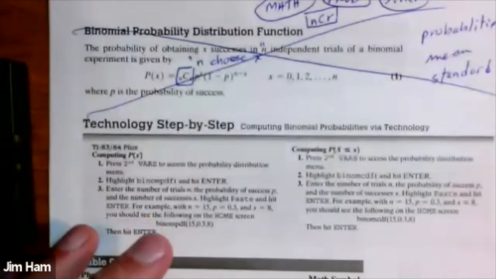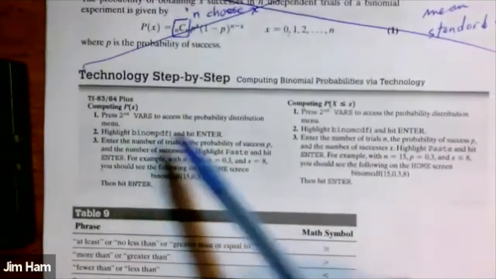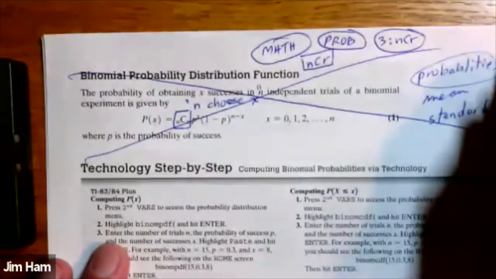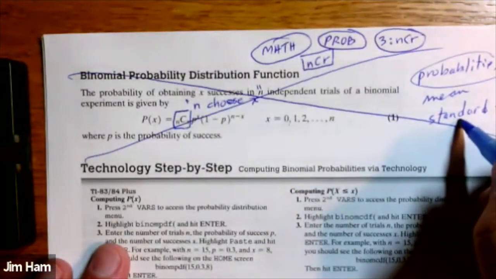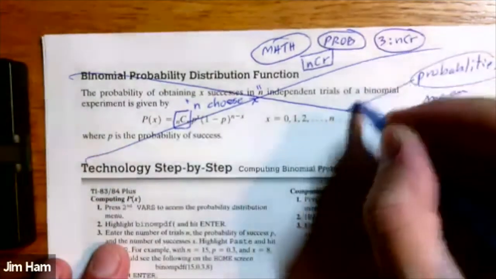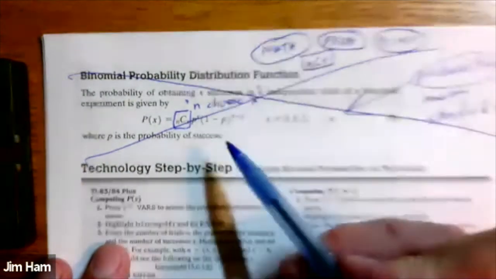We don't want to use that formula. Instead, you're going to use the TI to calculate probabilities. All right, so the 3 things we want to do: probabilities, mean, and standard deviation. The mean and standard deviation we'll get to later. Right now, we're looking at how we calculate probabilities. Here's the mathematical formula.